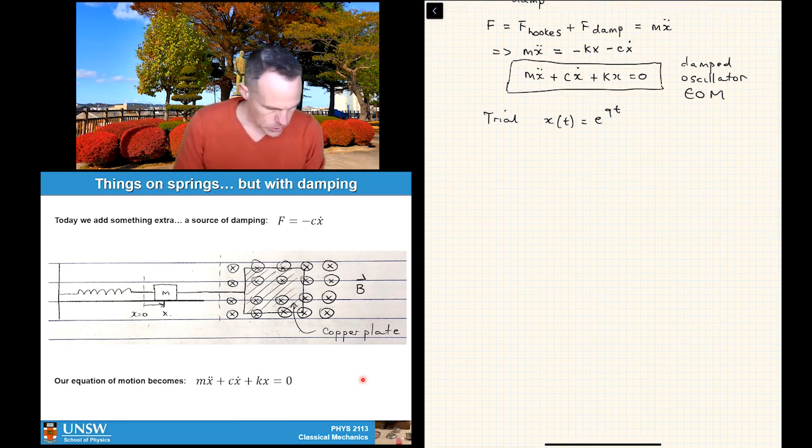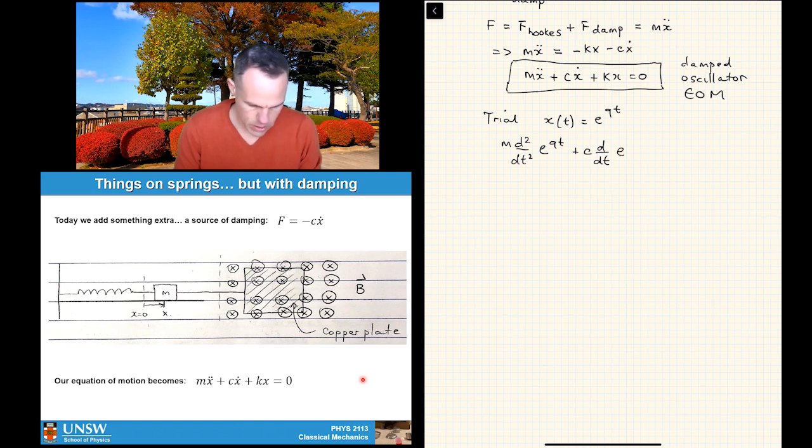So we would have here m d squared on dt squared of e to the q t, plus c d on dt of e to the q t, plus k e to the q t equals 0. And of course we can do these derivatives. I won't do them step by step, we saw enough of them yesterday.